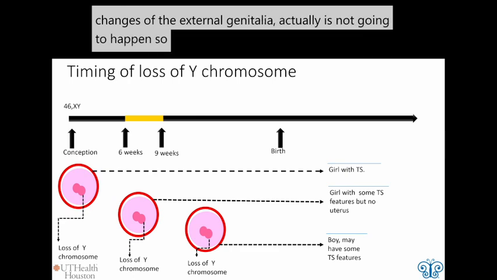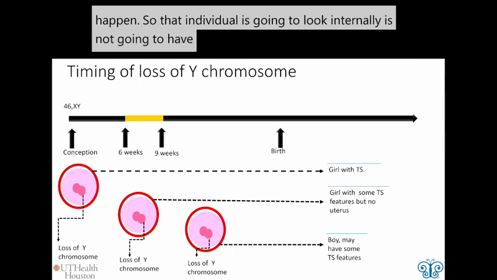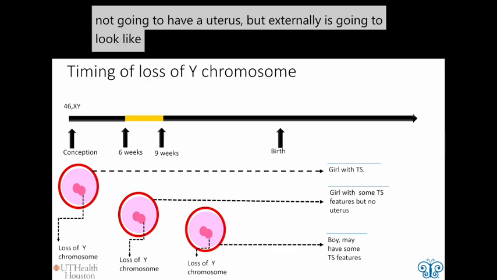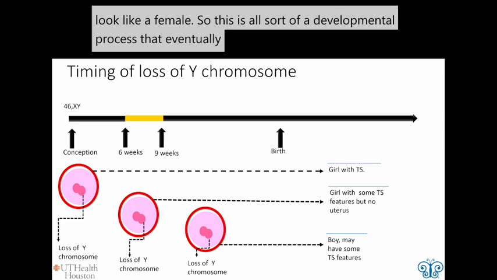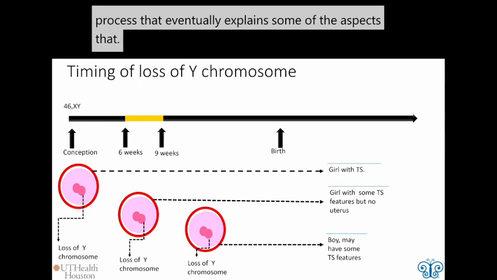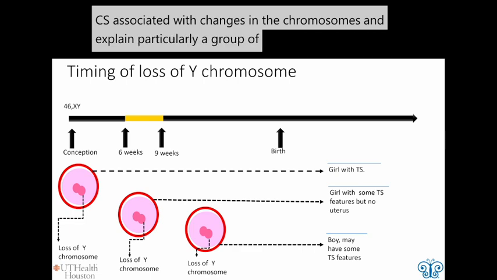So that individual is internally not going to have a uterus, but externally is going to look like a female. This developmental process explains some of the aspects that we see associated with changes in the chromosomes, and particularly explains a group of individuals that could be diagnosed with Turner syndrome.